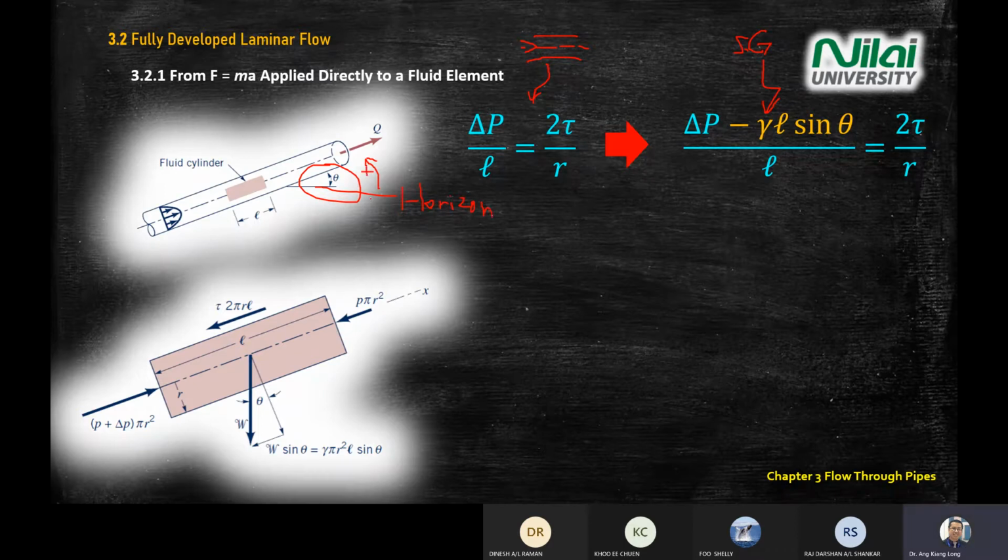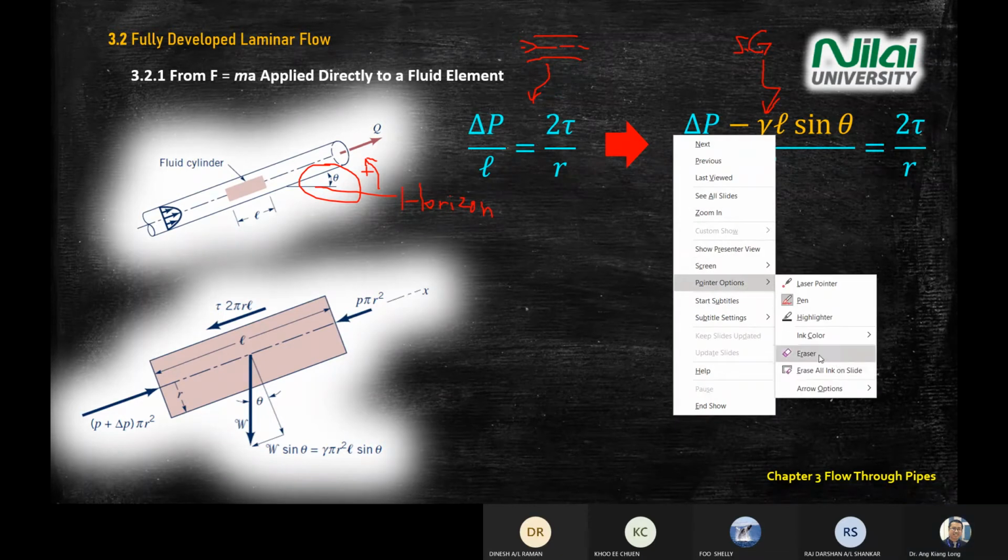We take anti-clockwise as the positive angle. So we get this equation. This simplifies, I think, 5 pages of textbook into 1 slide here.